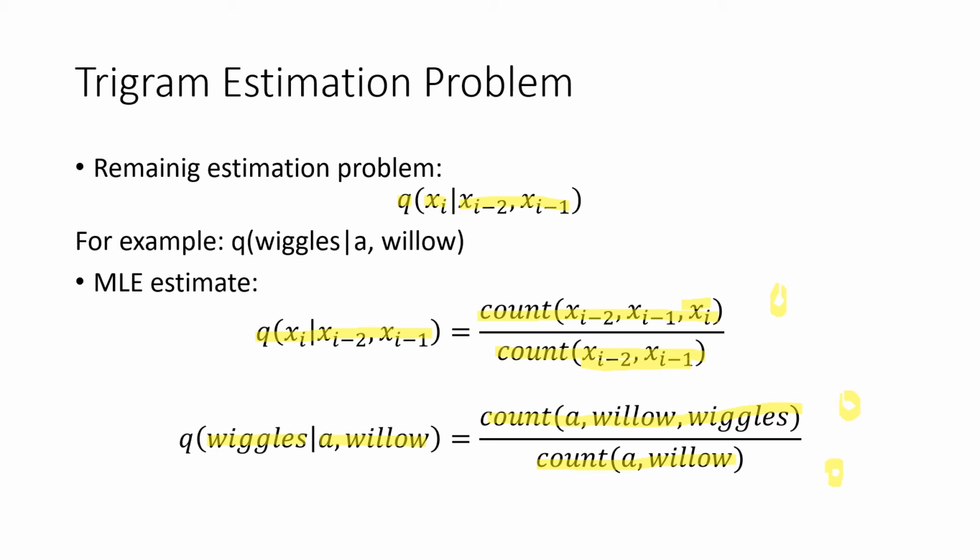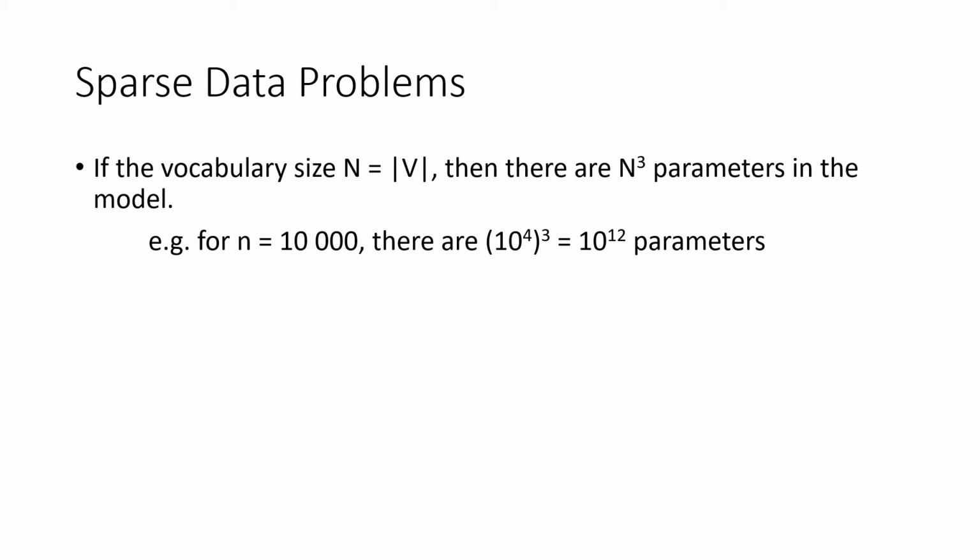So we face the problem of sparse data given big vocabulary sizes. Our trigram language model might experience sparse data problems, especially if our vocabulary is too large. For example, if the size of our vocabulary is N, then we have N to the power of 3 parameters in the model. So if N is 10,000, then there are 10 to the power of 12 parameters.